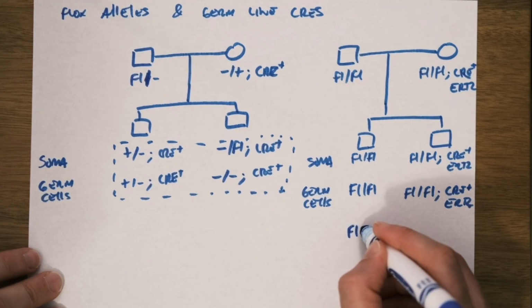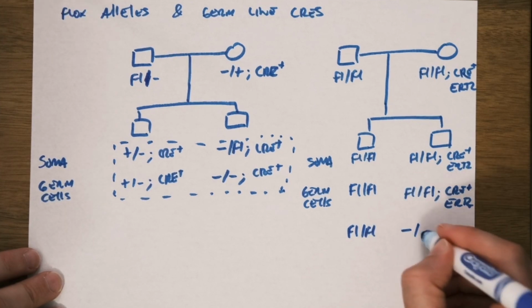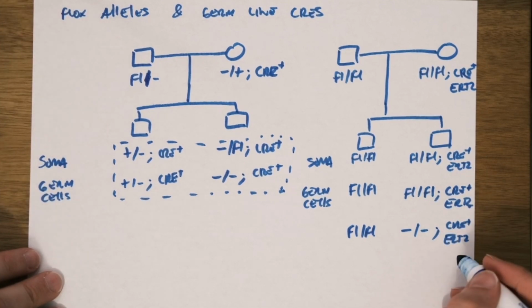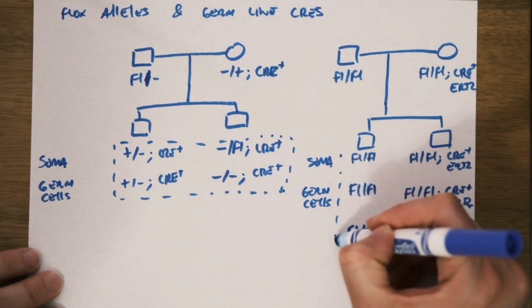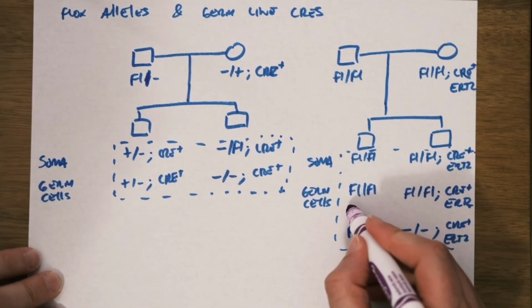In the case of the control there will be no conversion because there is no Cre, and you will have in the germline this conversion to the null allele when you activate the ERT2-Cre by adding this compound known as tamoxifen.